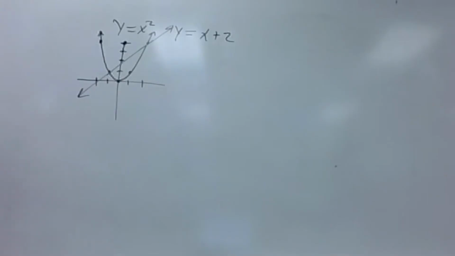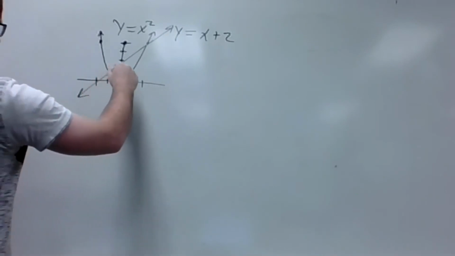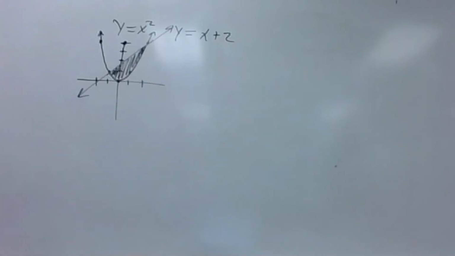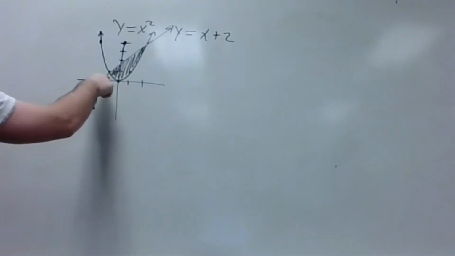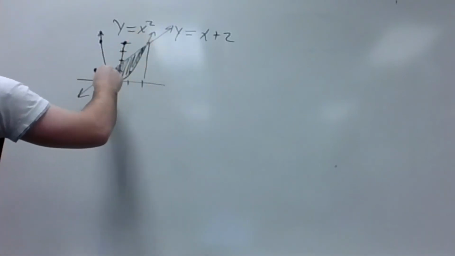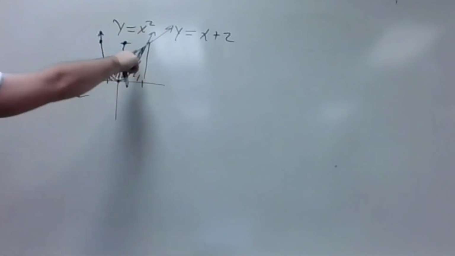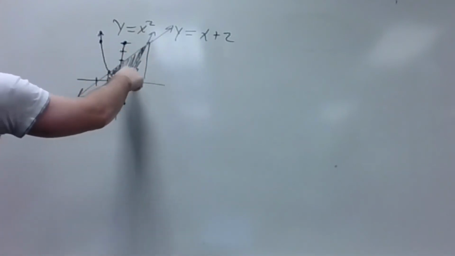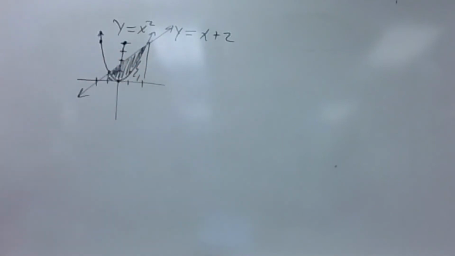And we want to find the area in between these two curves, right? So essentially what we're going to do is find the area underneath this diagonal line, and then subtract from it the area underneath this curve, and all we're going to be left with is this stuff in between.